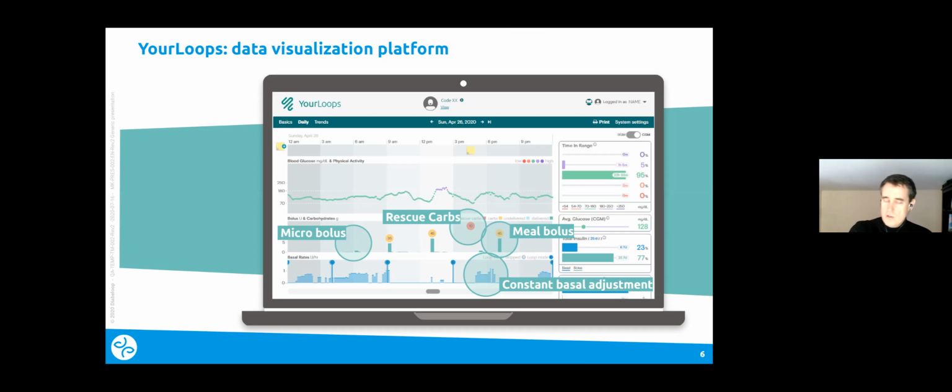And now we continue to evolve YourLoops, which is the European implementation, which is now a medical device on its own, in order to both suit what we need and what we think is right for people living with diabetes.